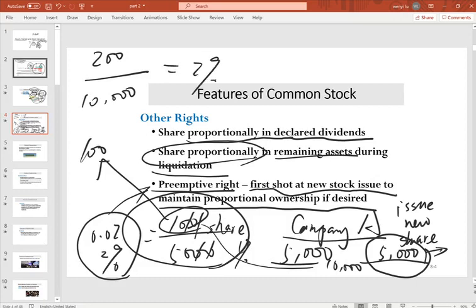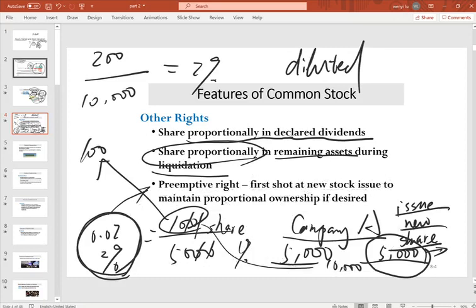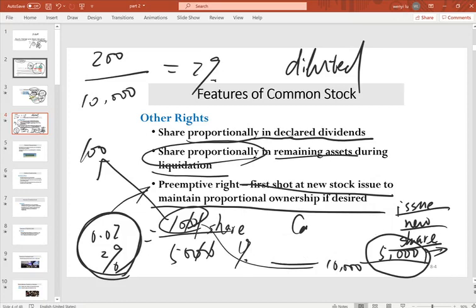So once they decide to issue new shares, your proportion will not be diluted. You have a first shot at the new stock issue to maintain the same proportional ownership if desired. However, if you are not willing to do that, you can decline the offer.